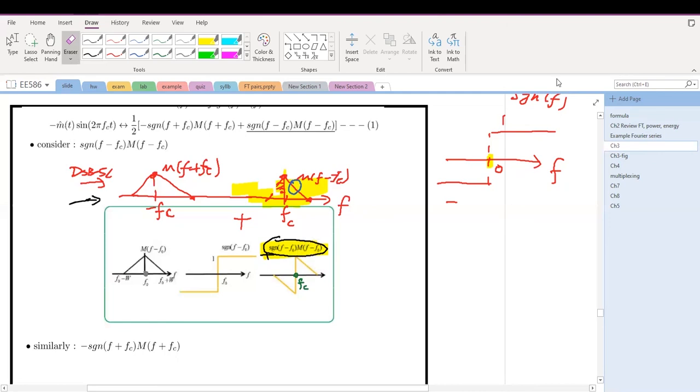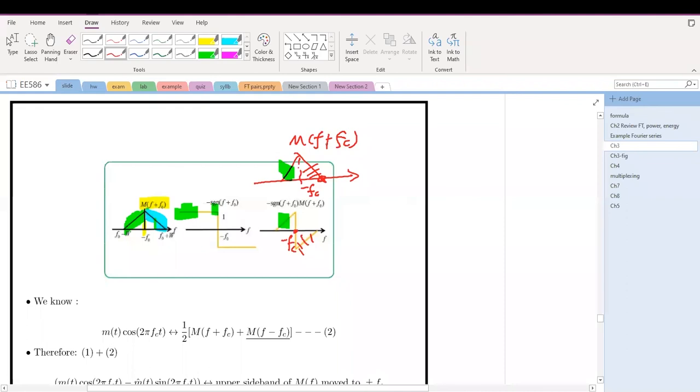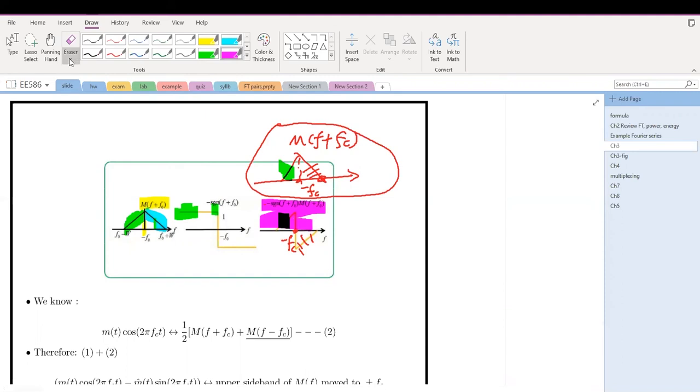Let's look at the negative frequency. This is a negative frequency. Everything is shifted to minus fc. This is minus fc. So we add them together. This term comes from the DSB-SC term, and this term is the Hilbert transform term.